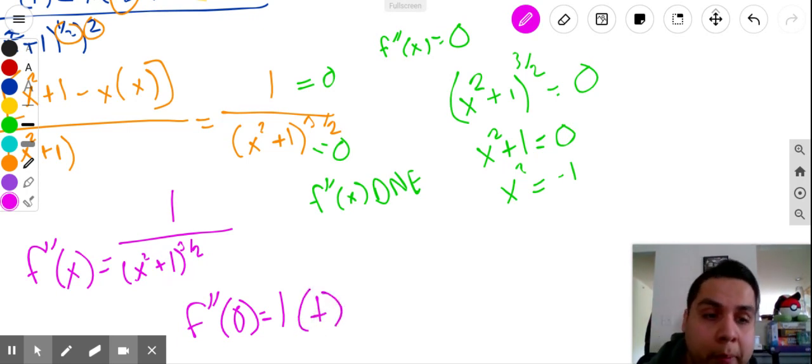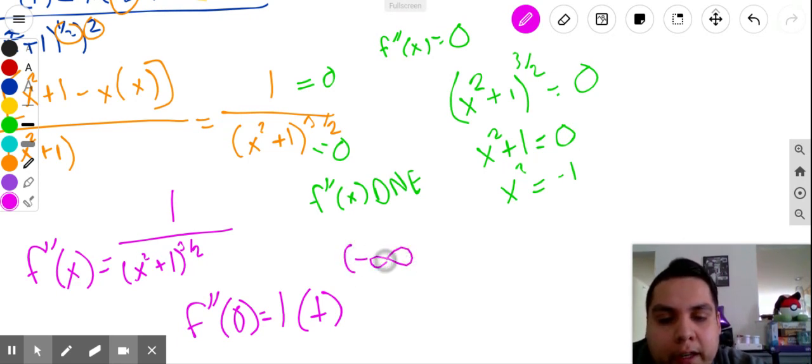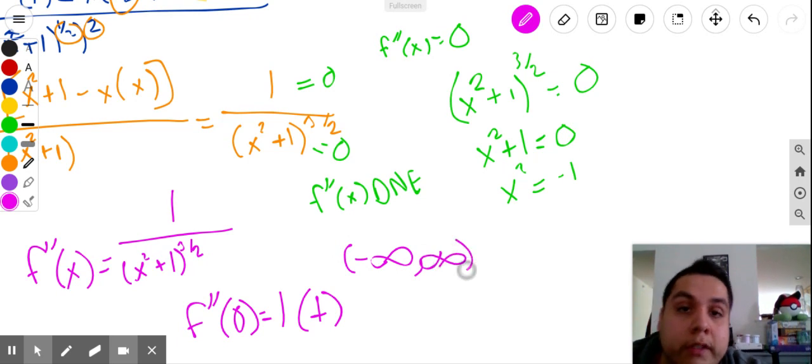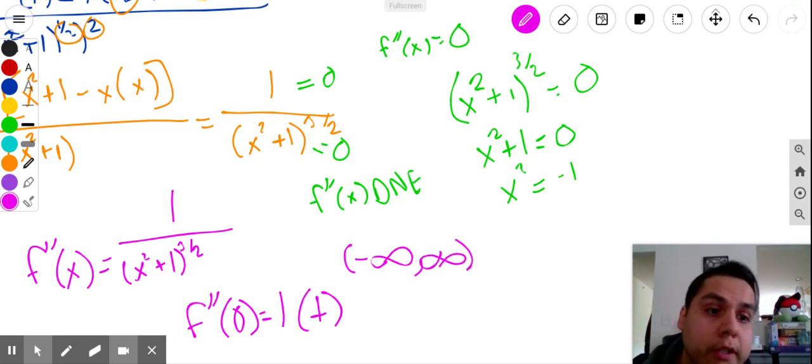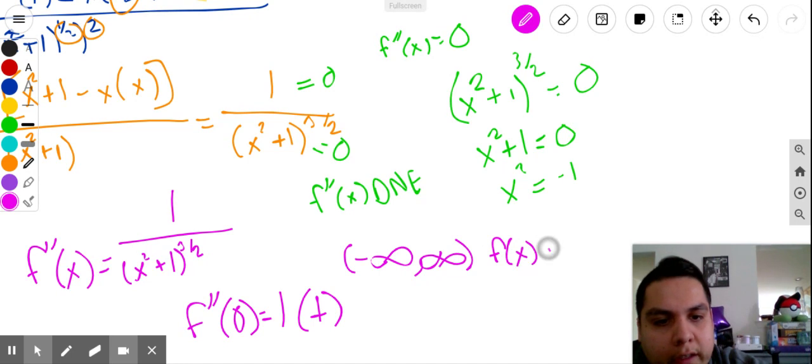So because there are no points of inflection, and I just found my second derivative gives me a positive number and will always give me a positive number, I can say that from negative infinity to positive infinity, since there were no domain restrictions on this function, that's why I use the infinities, f of x is concave up.